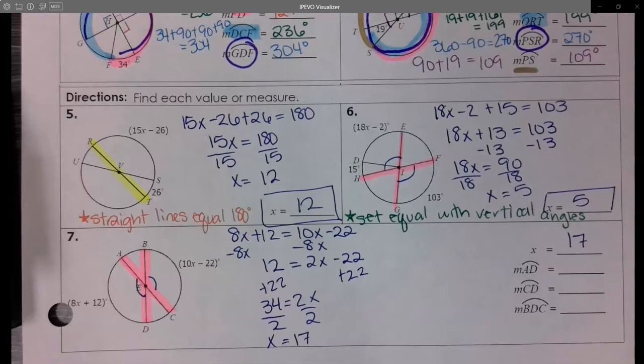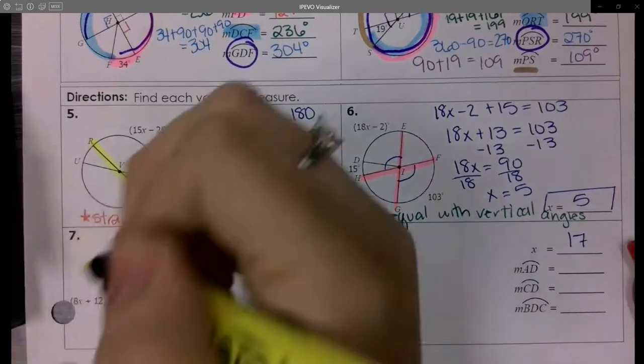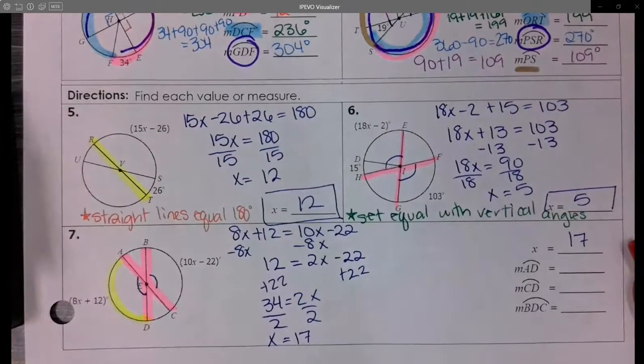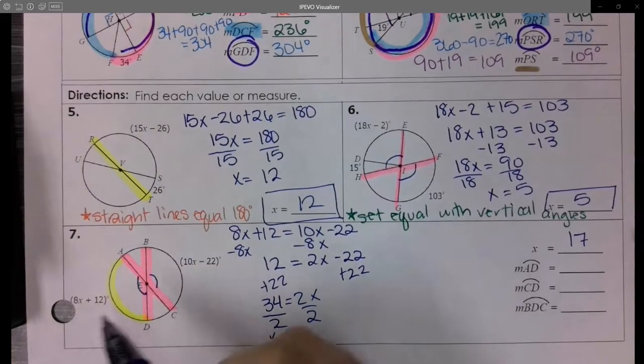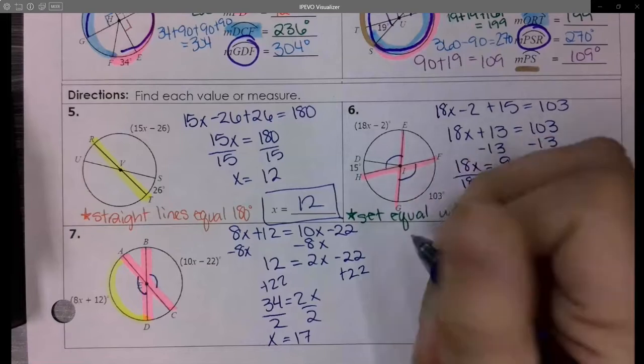Okay, then I want to find the measure of AD. So I have the expression 8x plus 12, and I know that x equals 17, so I'm going to plug in 17 to find the measure of that angle.